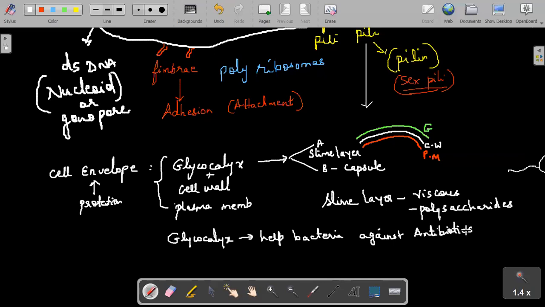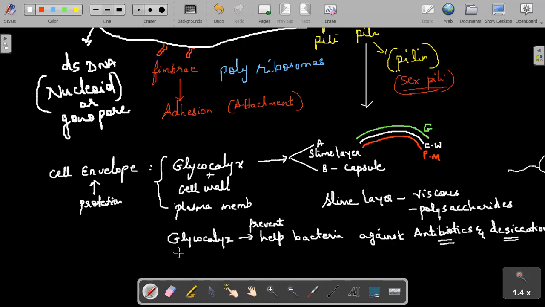Desiccation is, for example, when a bacteria is exposed to extreme conditions, there are all chances that the bacterial cell wall could be degraded. Desiccation means water loss from the body. Once there is water loss in the bacteria, it's dead. You can consider it to be dead. So they prevent the bacteria from the action of antibiotics and desiccation.